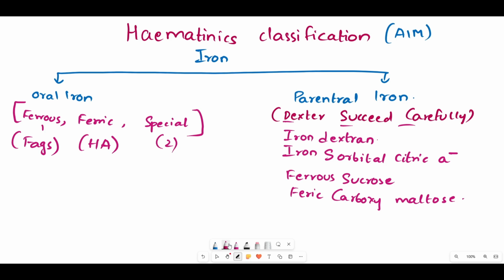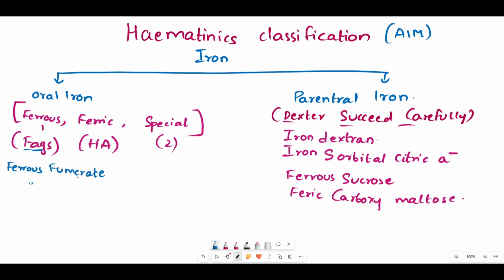So let's try to write the drugs now. So first I said ferrous fax. So you will be having 1, 2, 3, 4 drugs with the term ferrous. So first one is ferrous. F means it is fumarate. Ferrous fumarate. Now second one is ferrous.